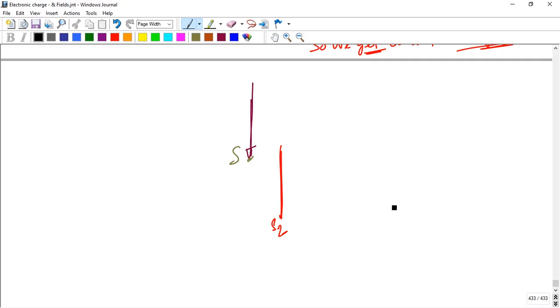You choose any arbitrary point, suppose point R here. The paths are S1R and S2R. Now the wave looks like this: that is y1, and that is y2.